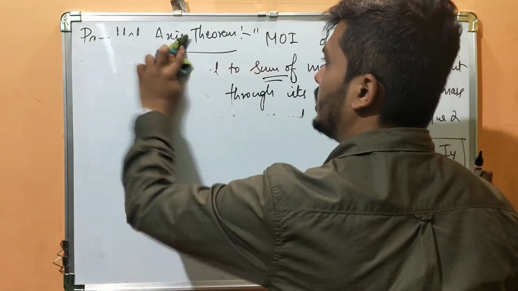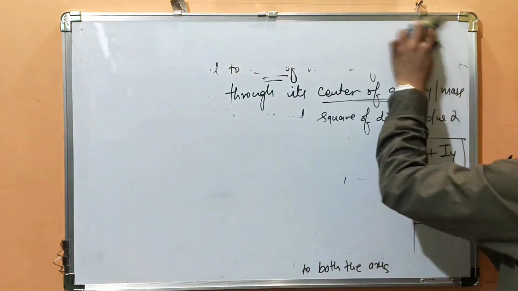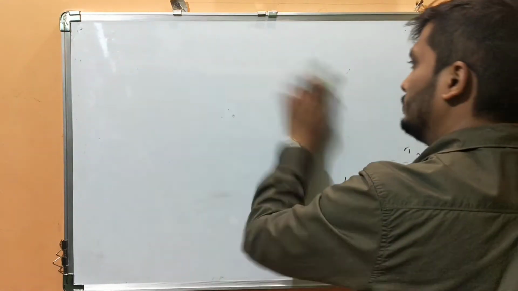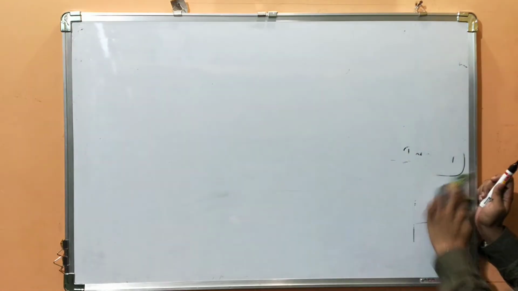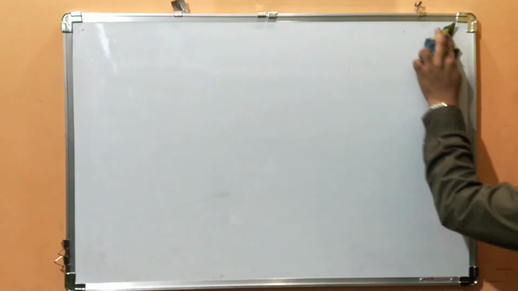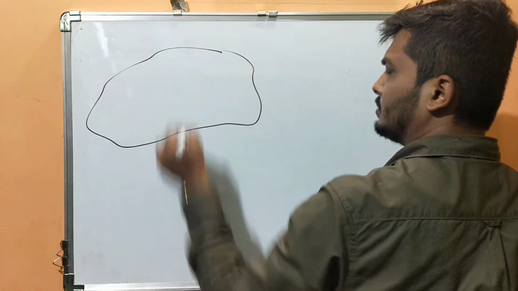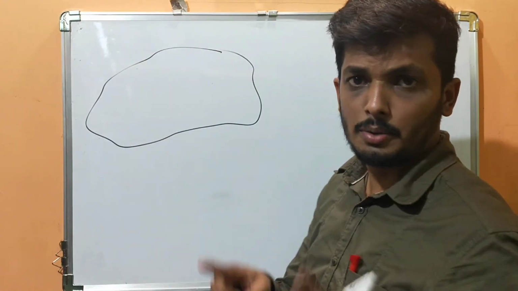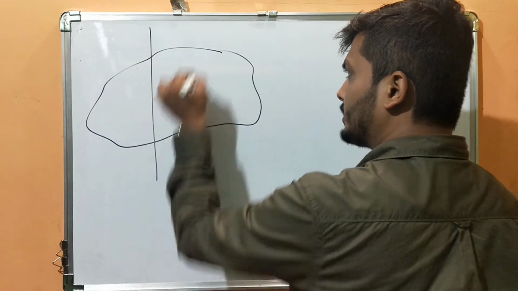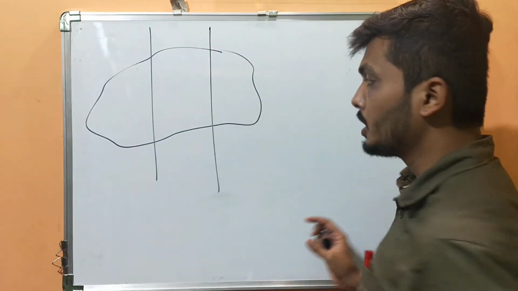So let us understand how it came. We'll see how the derivation comes. Now, see here. Suppose again I'll take a random body. So now it's the parallel axis theorem. It is very important that two axes must be parallel to each other.